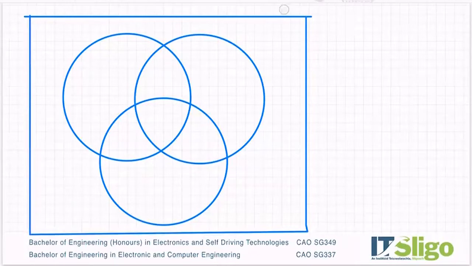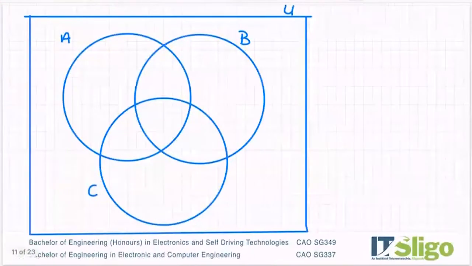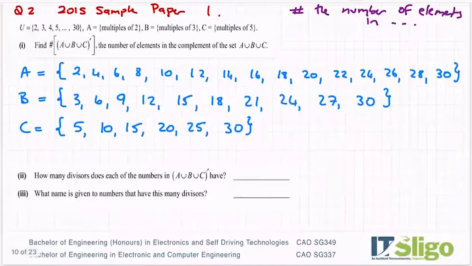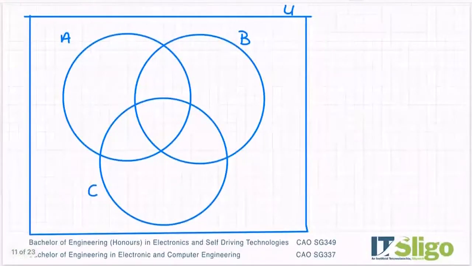Okay, so that's the universal set. That's A, that's B, that's C. Okay, so A was the multiples of 2, B is the multiples of 3, and C is the multiples of 5. Okay, and if you've been watching any of my sets recordings, you will know that you always fill a set from the inside out, okay?